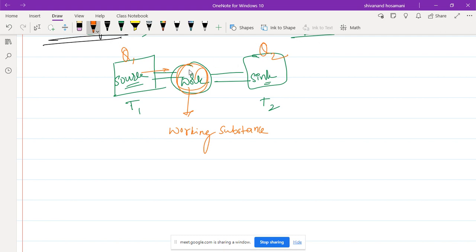After the work is done, whatever heat is left goes to the sink, at lower temperature, where T1 will always be greater than T2, right?